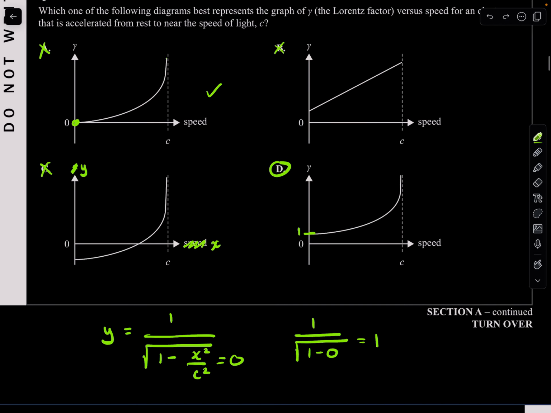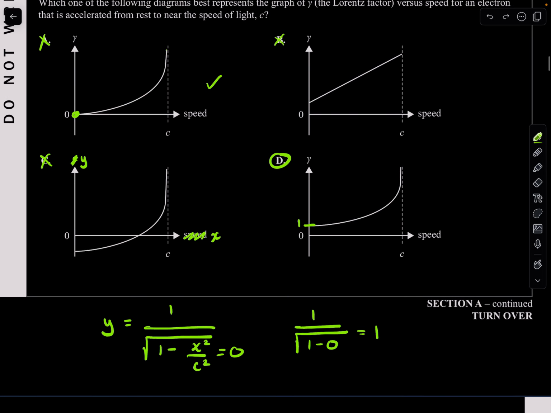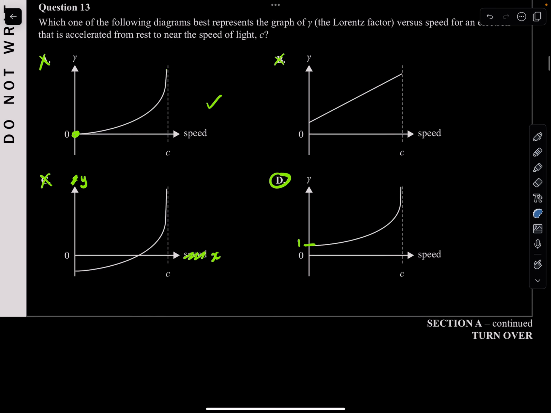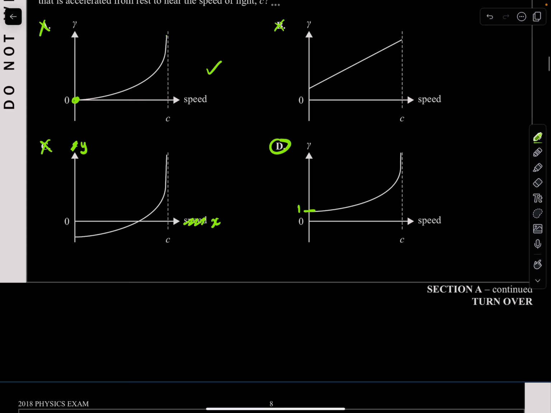If you get a question and you don't know the maths, you just make an equation of it and start using it. Of course, by basic knowledge, you shouldn't really waste your time with this, but it's a very easy question. We know that the Lorentz factor must be greater than or equal to 1. We always say lambda must be greater than or equal to 1.